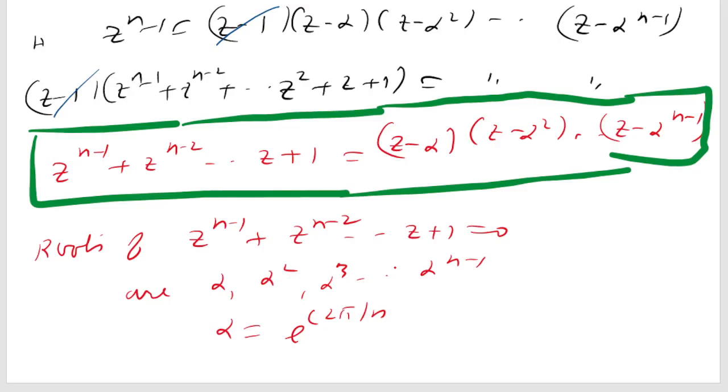Okay. So for example, let's try to solve one problem. Let's say we have to find the roots of 1 plus x plus x square plus x cube is equal to 0. This is a form of x cube plus x square plus x plus 1, all the terms are present. So basically all the terms of the polynomial are present, cubic, square, x and constant, and the coefficient is 1.